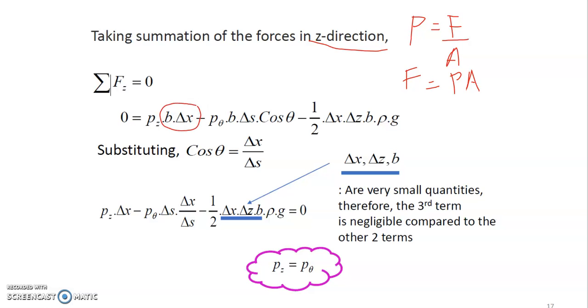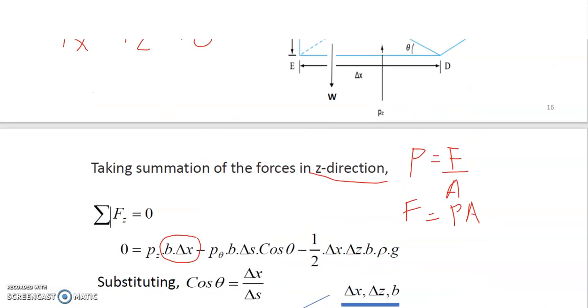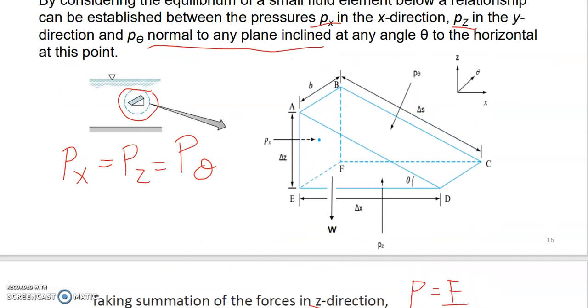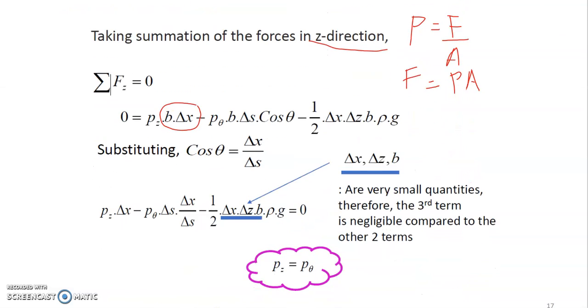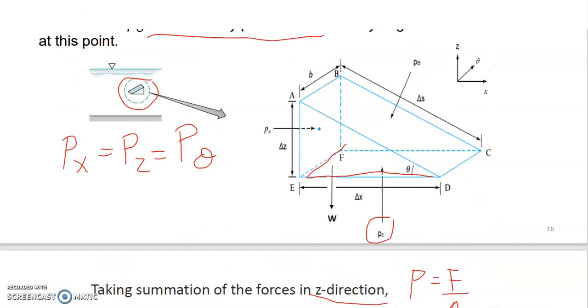Let's see from the picture above. This is Pz. The area of Pz is b times delta x. And then we need to minus the P naught. Why is it minus? Because it is from a different direction.